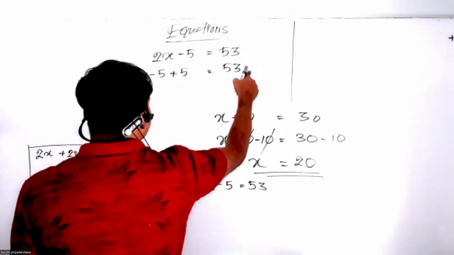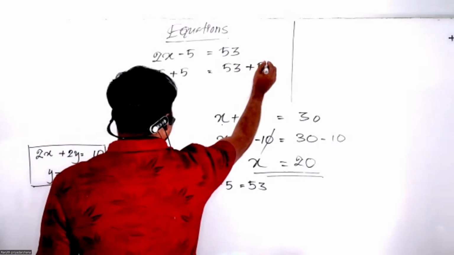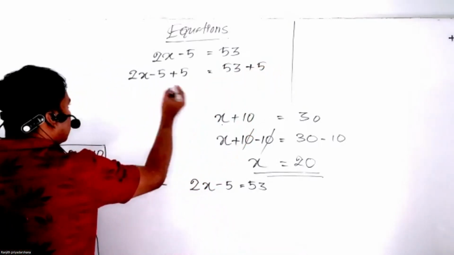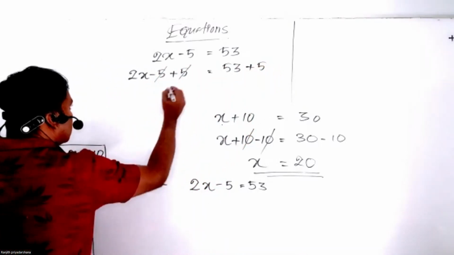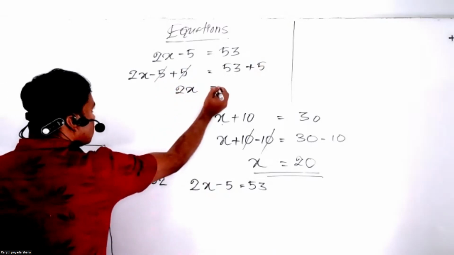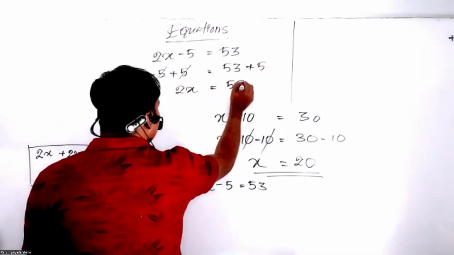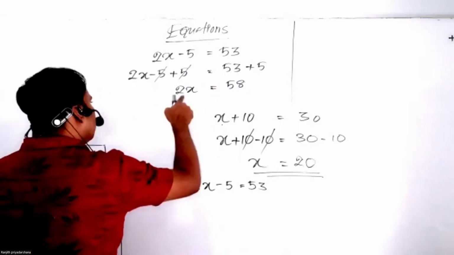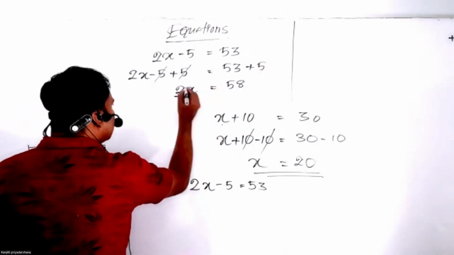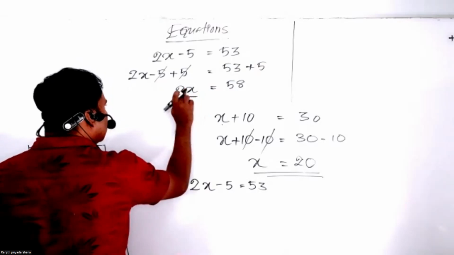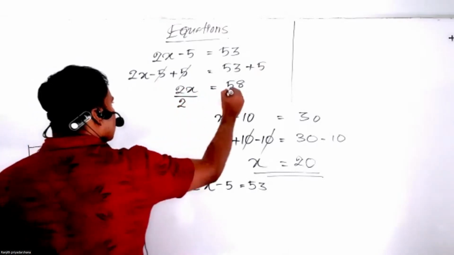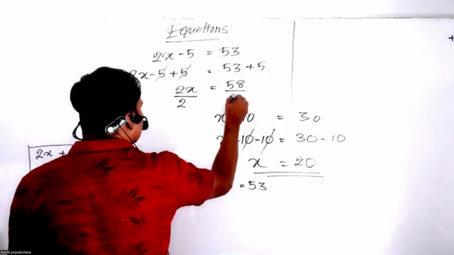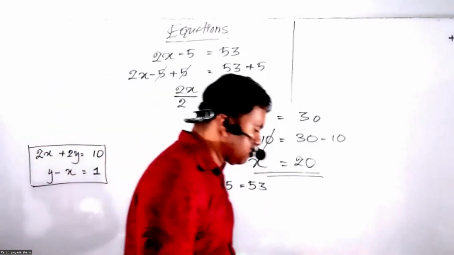The same thing you have to do here: plus 5, and here 5 is cut off. 2x equals 58. Now 2 times x equals 58. How to remove this 2? There's a multiplication here, so you have to divide by 2. The same thing you do here. Division with 2, x equals 29.